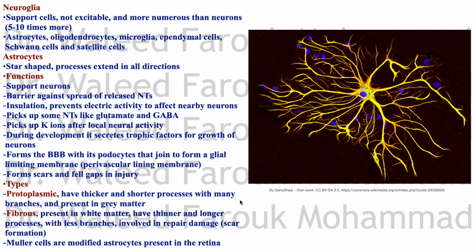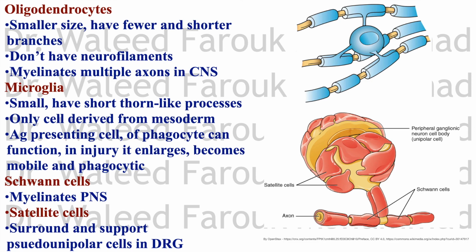In the retina, there are modified astrocytes called the Muller cells. This is the astrocytes.